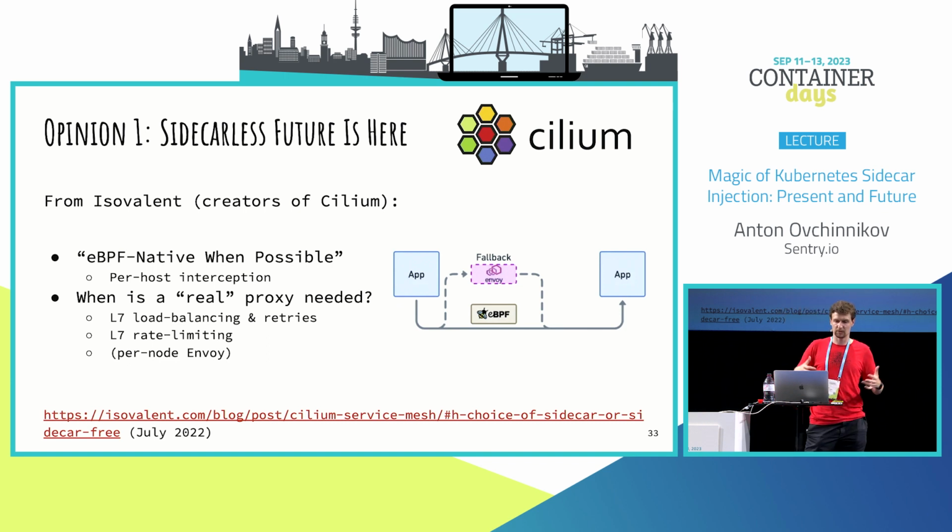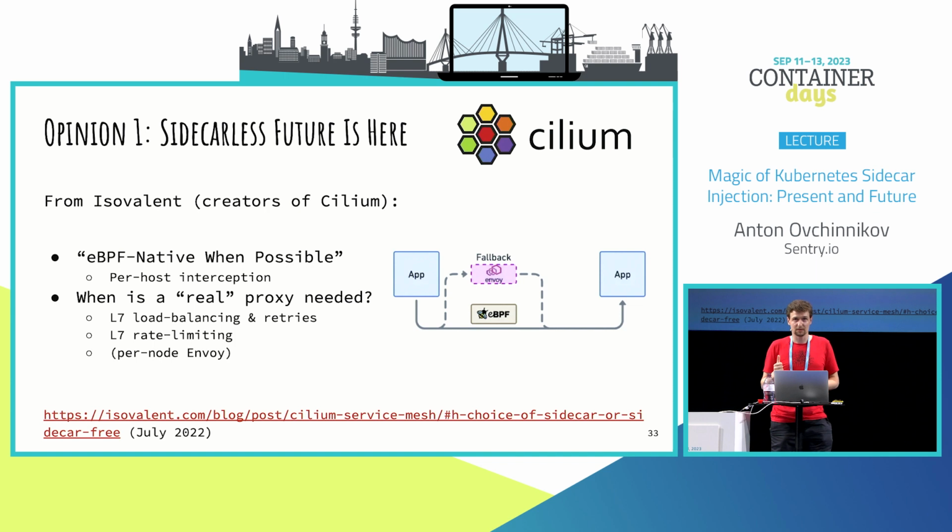So eBPF is this, we can call it magical, technology that powers those transparent, powerful things that let us get rid of the sidecars. So basically, their approach is we inject some eBPF, like custom kernel programs, into each host. And this can already handle a lot of features for us.